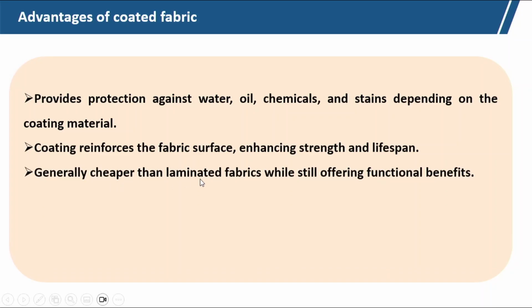It is generally cheaper than laminated fabric, because in laminated fabric we need a specialized, long process. Here coating is a little bit cheaper, because the polymer is directly sprayed on the fabric surface, but still offers some functional benefits.